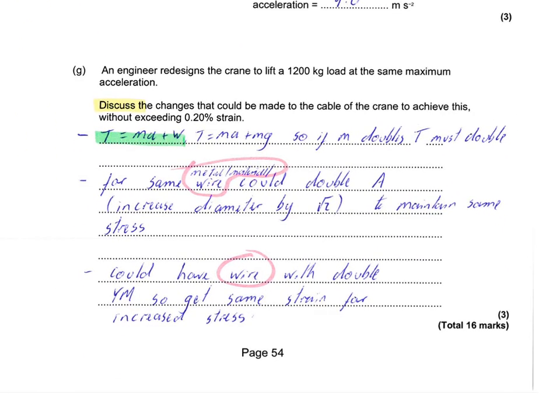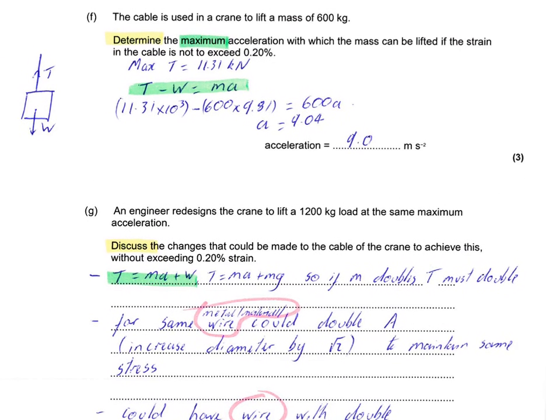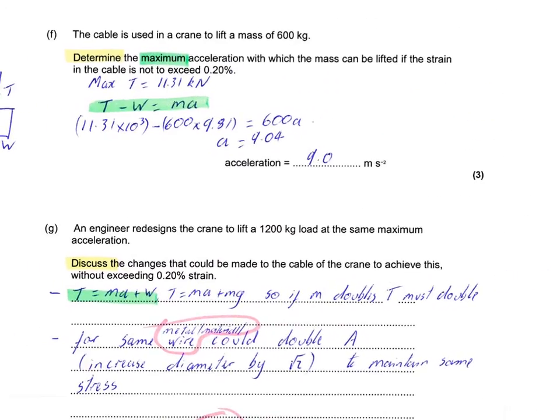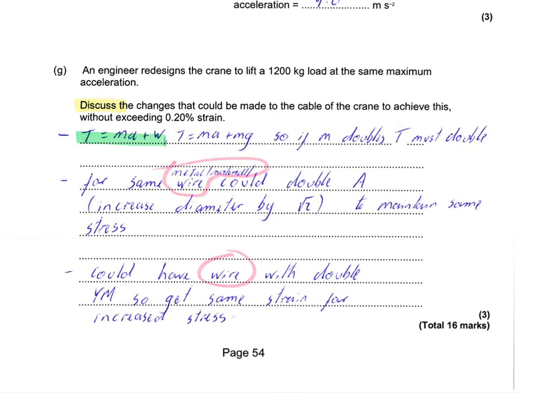An engineer redesigns a crane to lift a 1,200 kilogram load at the same maximum acceleration. Discuss the changes that should be made to the cable of the crane to achieve this without exceeding the 0.2%. So, from the equation I wrote down above, I can write T is W plus ma. I can rewrite that as T, the tension, is ma plus mg.